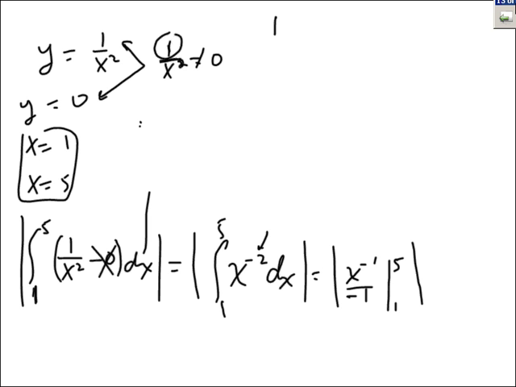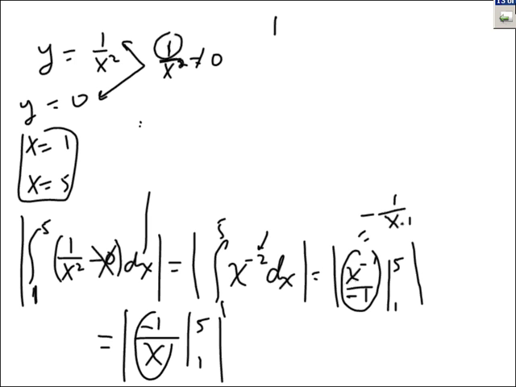First, though, we should clean this up. The x to the negative 1 can come in the bottom as x, and dividing by negative 1 is the same as multiplying by negative 1. That is, this fraction is negative, and I put the x on the bottom, and the 1 is also on the bottom. I get negative 1 over x, and I go from 1 to 5.